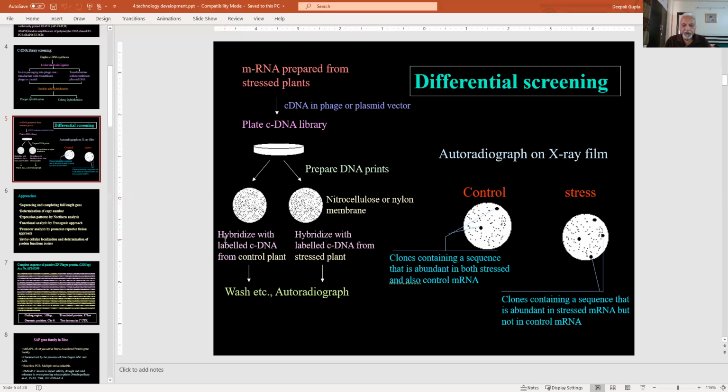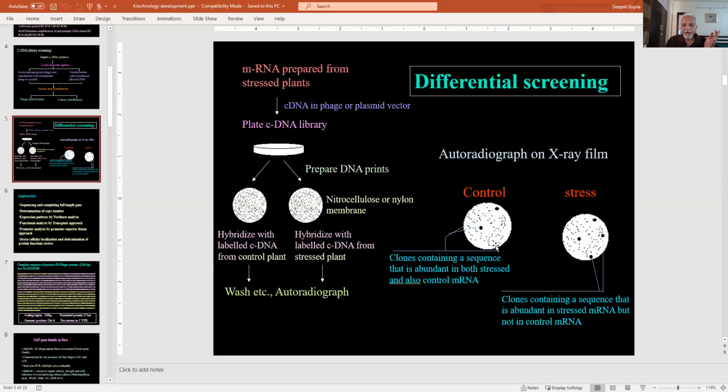So you have normal RNA from the normal plant growing under normal condition, and RNA from plants growing under salt stress conditions. Then these membranes were washed and autoradiographed, and what you see ideally is a scenario like this.